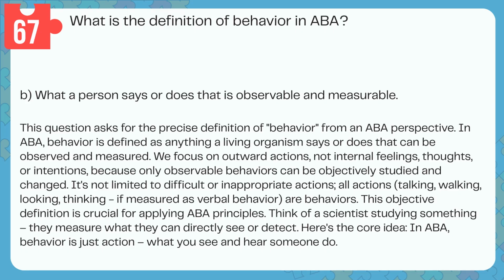All actions, talking, walking, looking, thinking, if measured as verbal behavior, are behaviors. This objective definition is crucial for applying ABA principles. Think of a scientist studying something. They measure what they can directly see or detect. Here's the core idea. In ABA, behavior is just action, what you see and hear someone do.